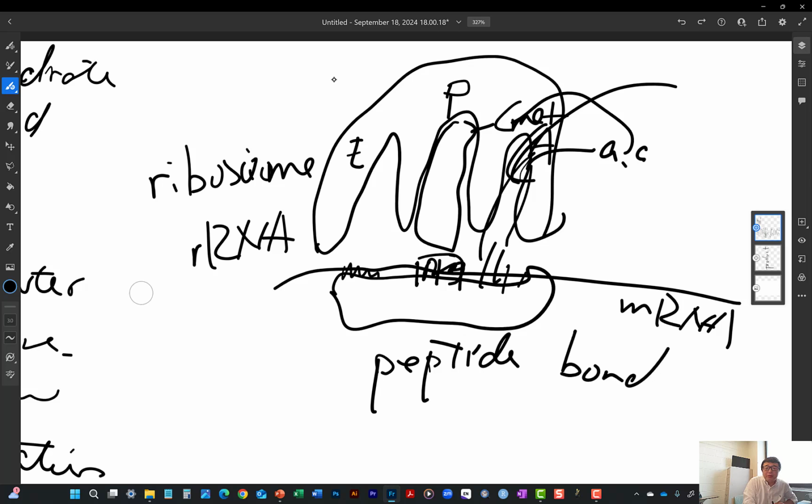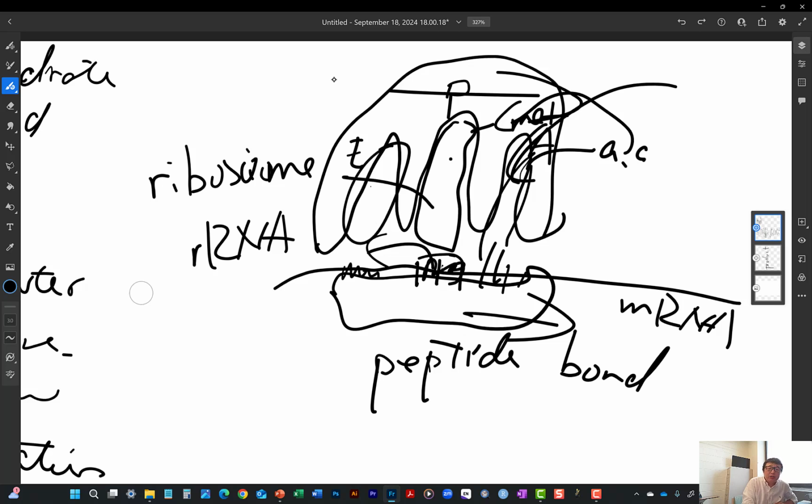This is how the peptide bond is formed. It's done in the large subunit. And when this peptide bond is done, the large subunit and the small subunit both move forward. Now the start codon moves into the E position, and this tRNA goes to the E position.